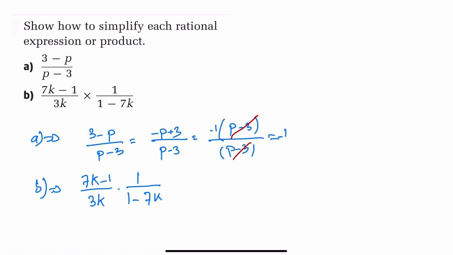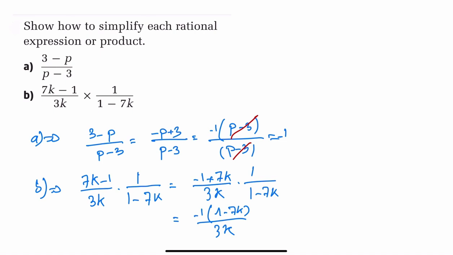So this is equal to minus 1 plus 7k over 3k times 1 over 1 minus 7k, which is same as minus 1 times 1 minus 7k over 3k times 1 over 1 minus 7k.